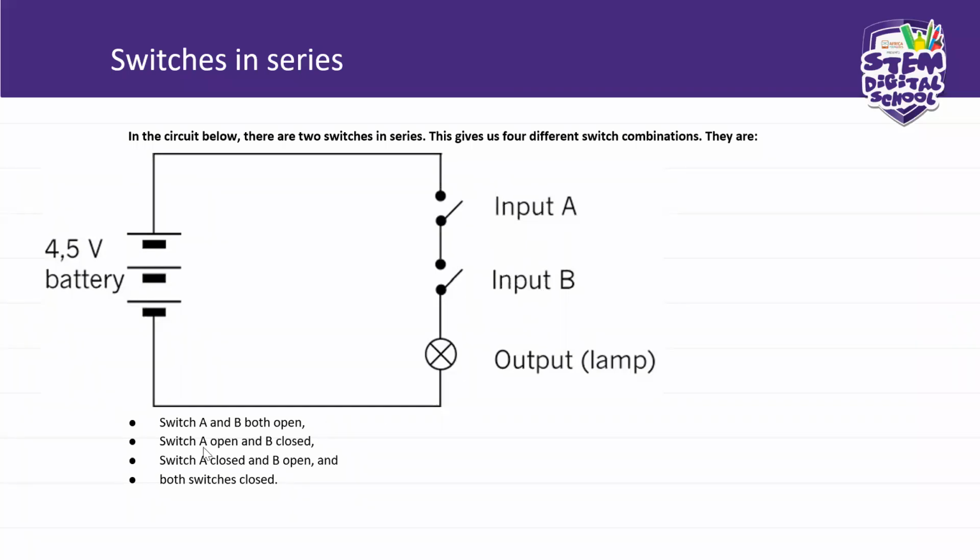Switch A is open and switch B is closed. This one is open, but this one is closed. What is the output, 1 or 0? This one is closed, but B is open. What is the output? Do we get a 1 or a 0 here?